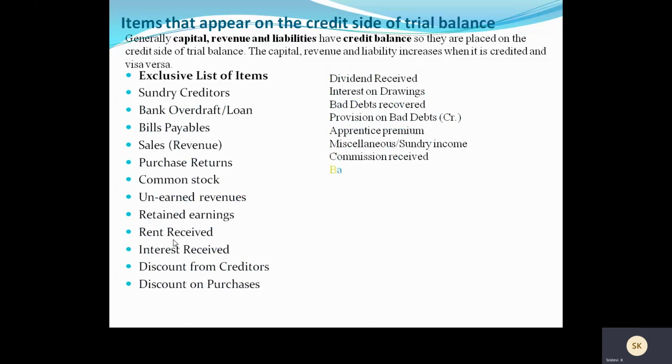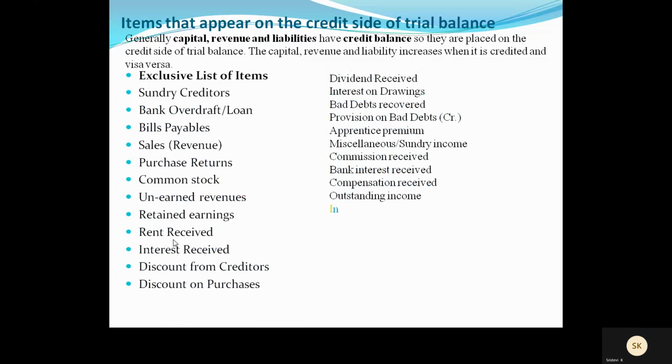And commission received, bank interest received, any received. If you see the word received with any word, that amount should be shown in the credit column of the trial balance.